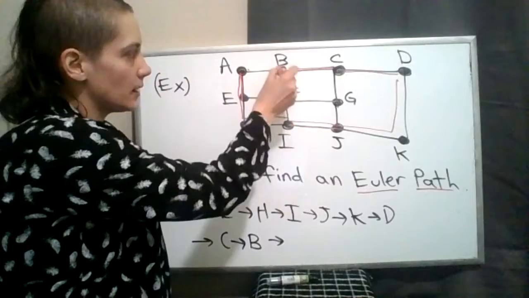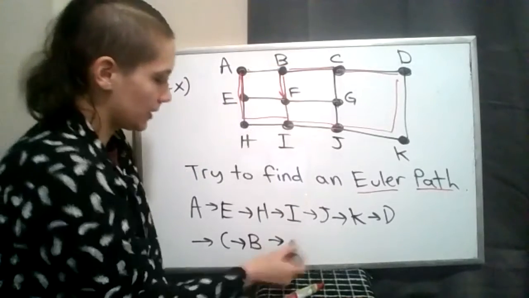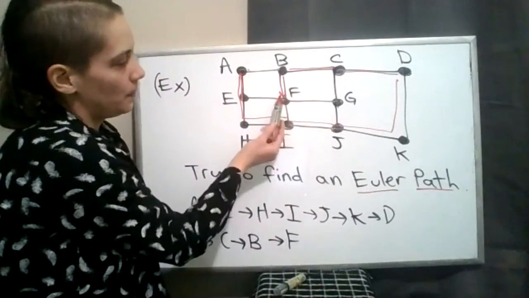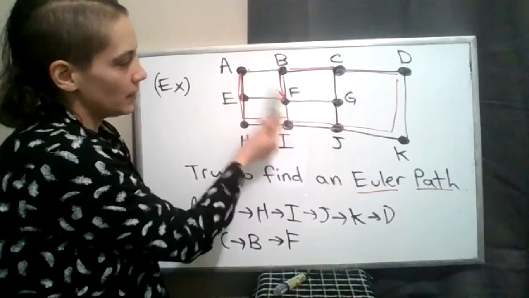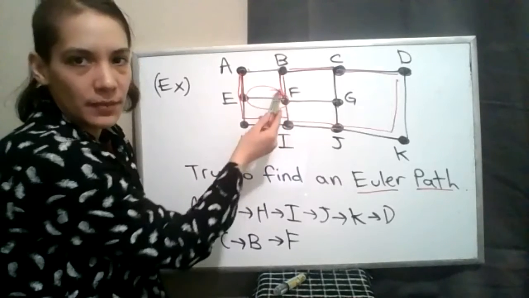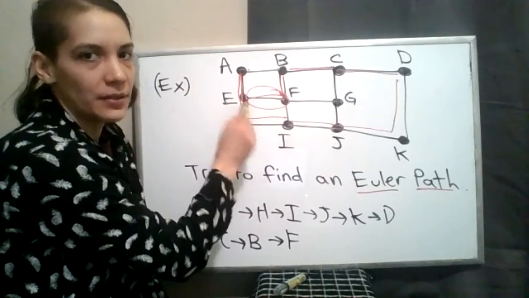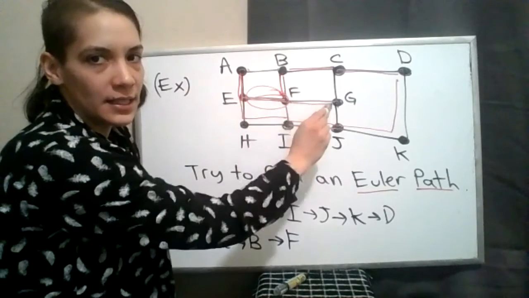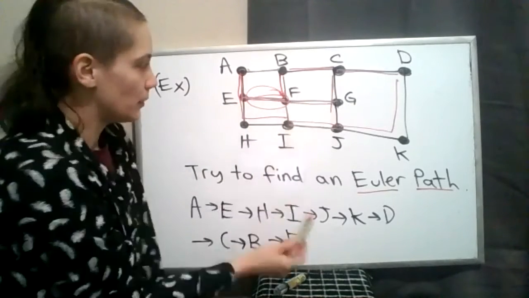Let's go here down to F. But again, I kind of have this problem where I need to cover this edge. But if I go FE, I either have to come back to F and use that edge again to get these edges covered.